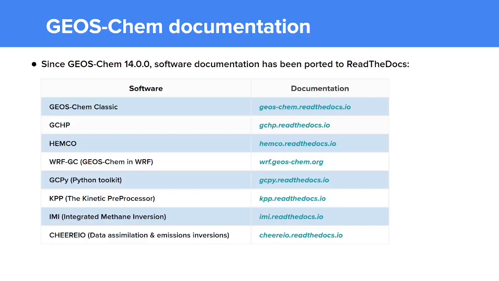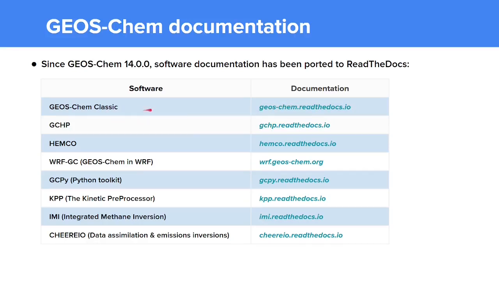Since GEOS-Chem 14.0.0, we have migrated all of the software documentation to Read the Docs. Read the Docs is a standard source code documentation platform that's used by most open source software packages. And as you can see here, we're listing a bunch of our manuals for GEOS-Chem and related software packages.